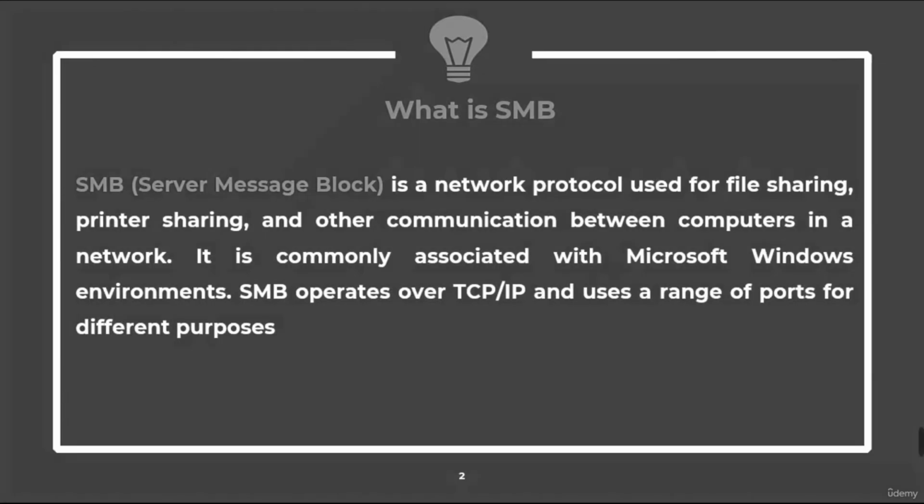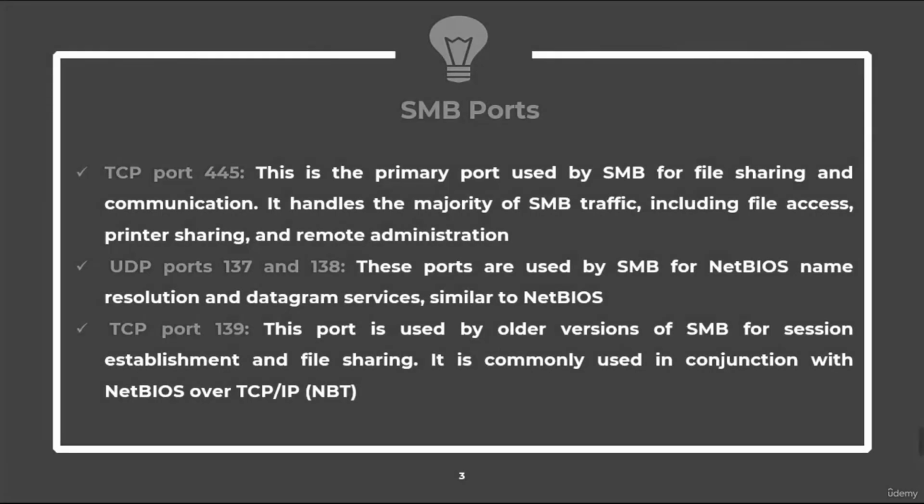SMB, or Server Message Block, is a network protocol used for file sharing, printer sharing, and other communication between computers in a network. It is commonly associated with the Microsoft Windows environment, and SMB operates over TCP/IP and uses a range of ports for different purposes. Port 445 is the primary port used by SMB for file sharing and communication.